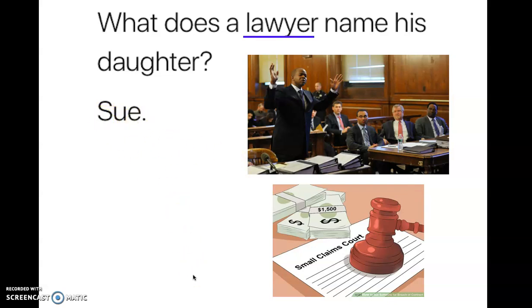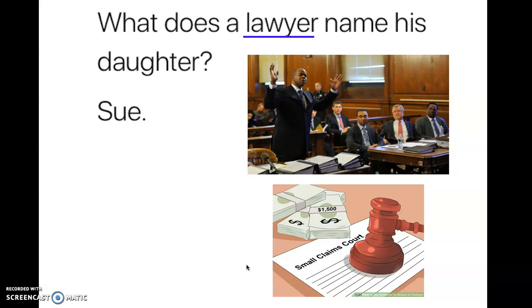So imagine somebody did something to you. They said they were going to, for example, fix your car, and they didn't. They made your car worse, they broke it more. So you would take them to court with a lawyer, and you would try to get money, as in this picture, from that person. You are suing them because they did not do what they said they were going to do. So that's one of the meanings of sue.